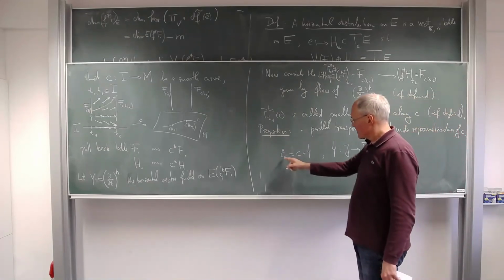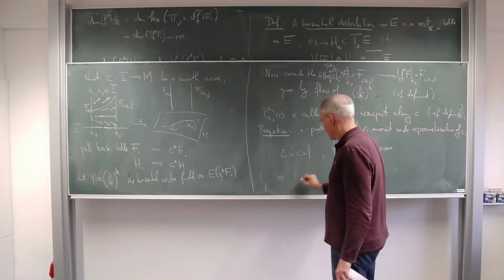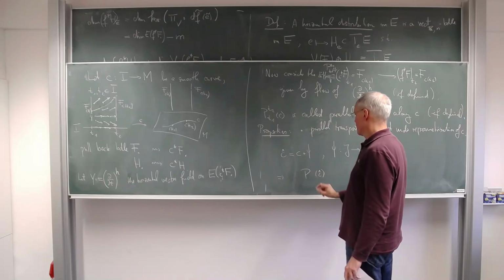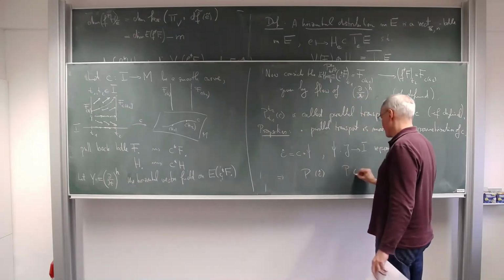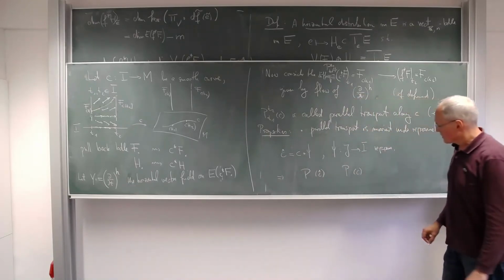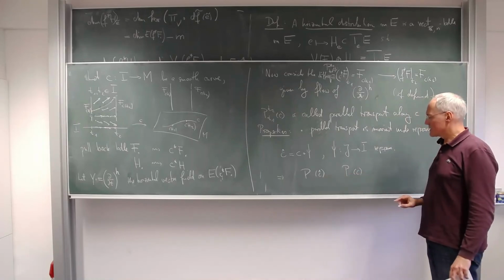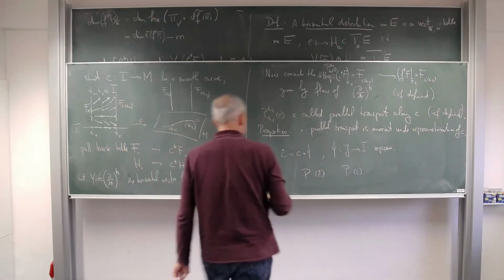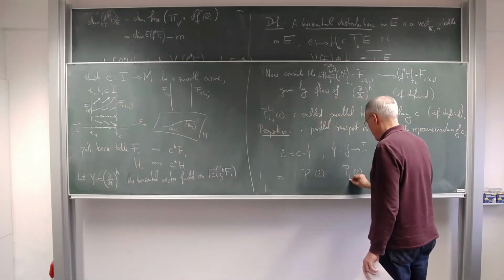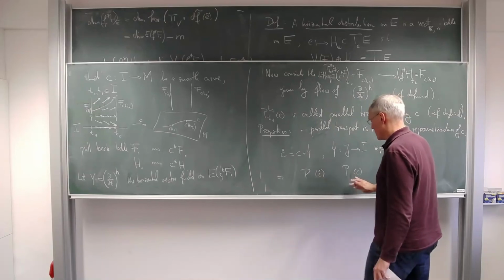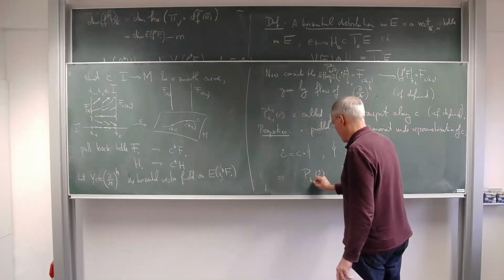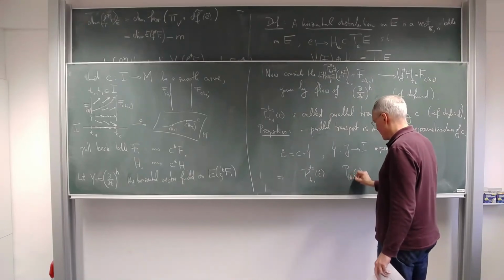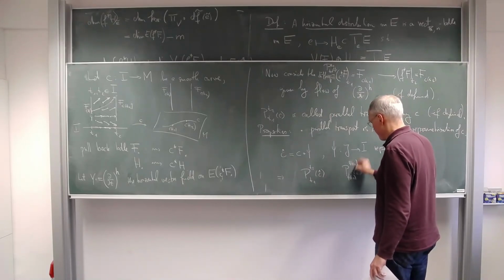Then the parallel transport along the curve C coincides with the parallel transport along the curve C hat. Of course, we have to fix the corresponding values at which we do that. So if this goes from t1 to t2, then this would go from psi of t1 to psi of t2.